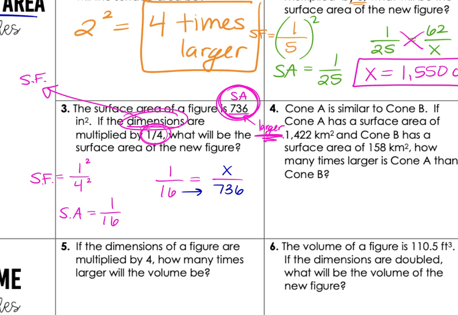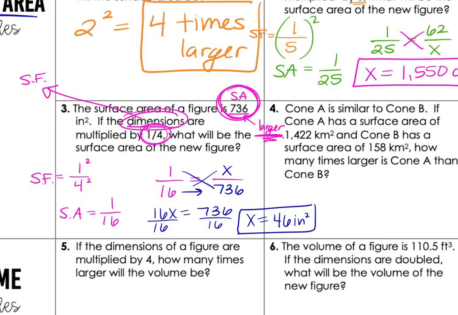And now you cross multiply again. So 16x equals 736, and then you divide by 16. And you get x equals 46 square inches.